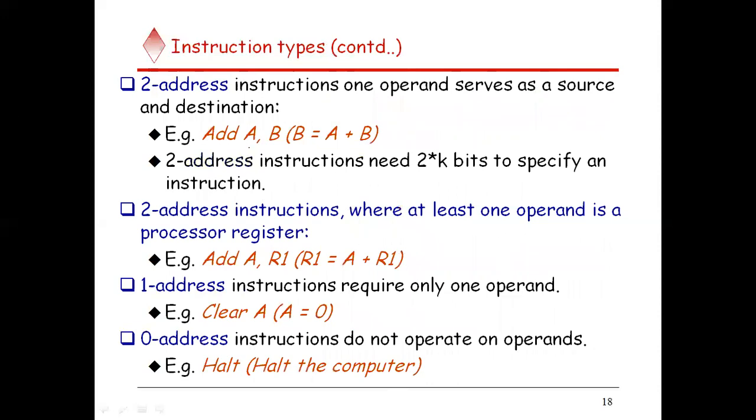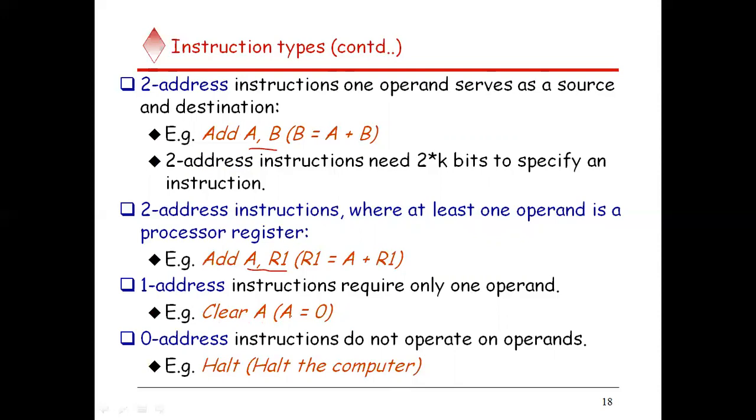How many operands are present in this instruction? Two operands, so it is a two address instruction. Even in that case, both may be memory locations or one may be a register, but anyway two operands are present, so it is also a two address instruction.